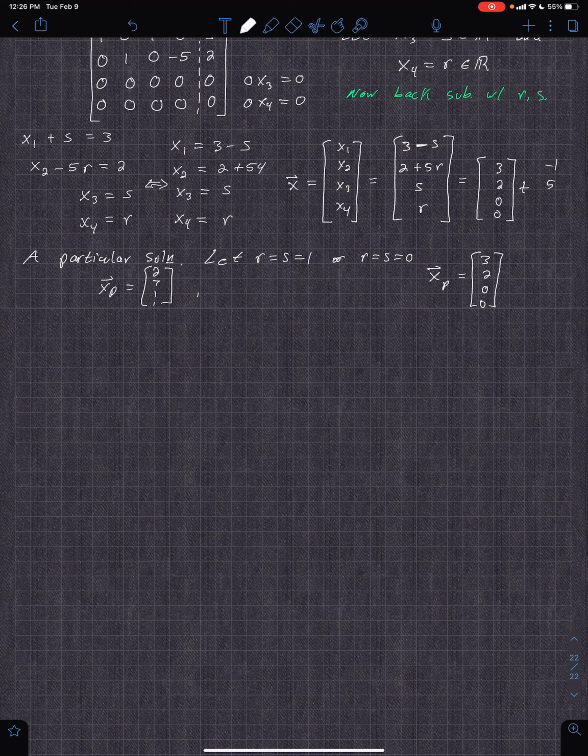Oh, this one you have to do separate. Yeah, okay, we'll get to this later. Okay, let's stop there. That's the general solution. So sorry about that. You have to break it up with r and s separately, which I have plenty more examples of once we get going on more of these concepts.